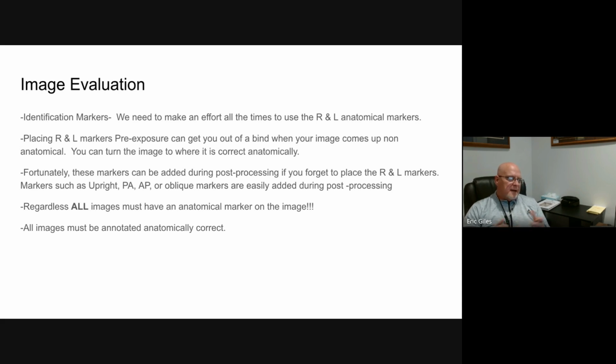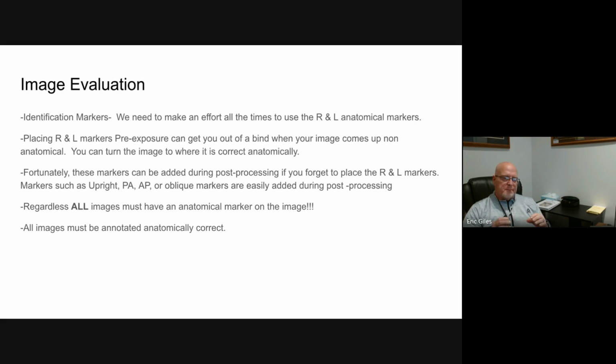Fortunately, markers can be added post-processing if you forget your right or left markers. Markers such as upright, PA, AP, supine, oblique, anything like that, you can put those on there post-processing. We don't have markers that say PA or AP, or they do exist, but we don't have them.